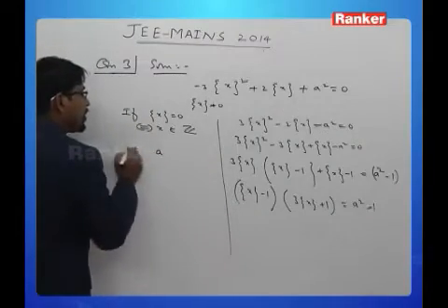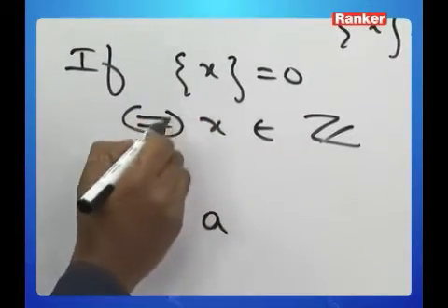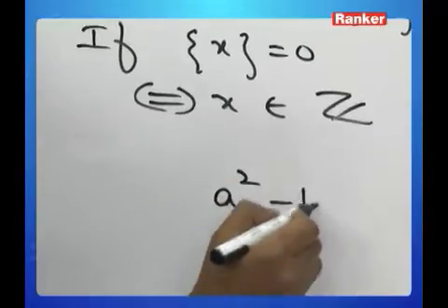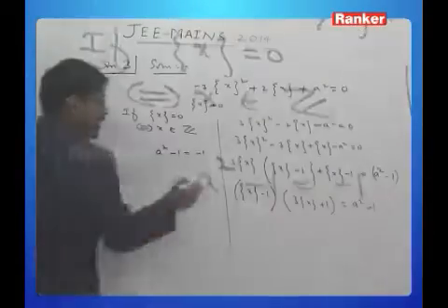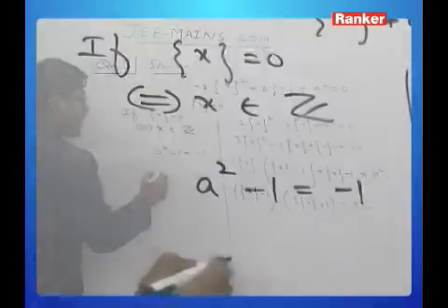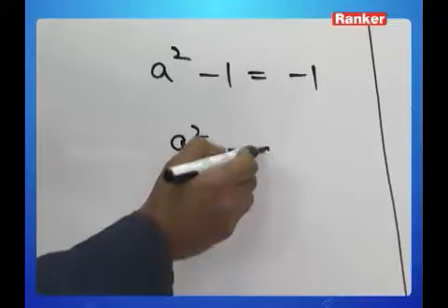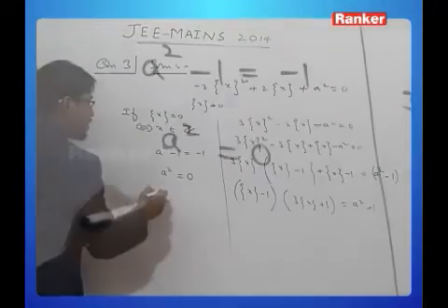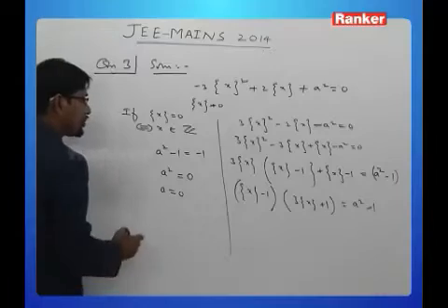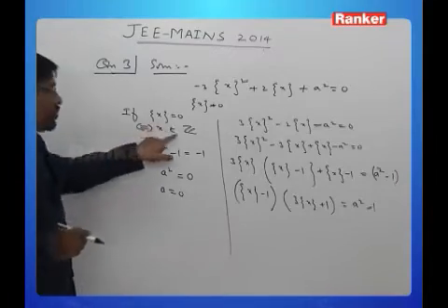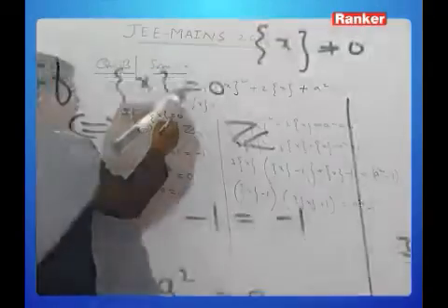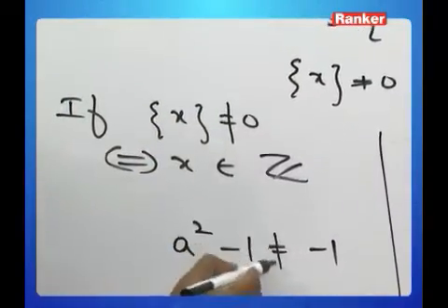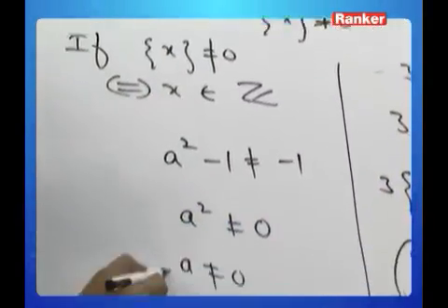That means fraction part of x equals 0 if and only if a square minus 1 is equal to minus 1. That means a square is equal to 0, which implies a is equal to 0. But you don't want fraction part of x to be 0, so this should not happen, a should not be 0.